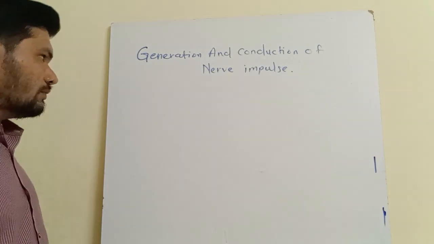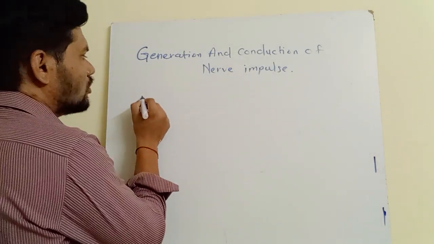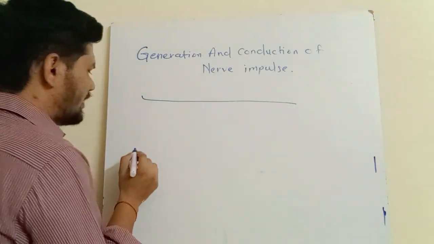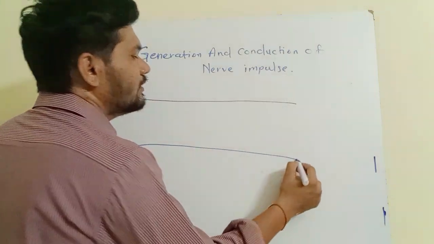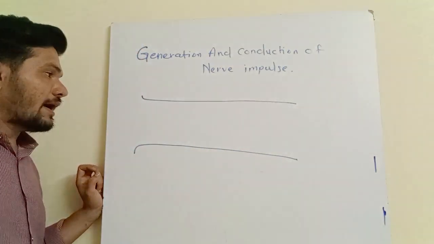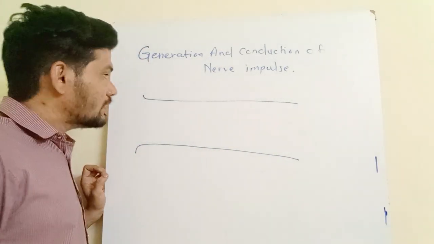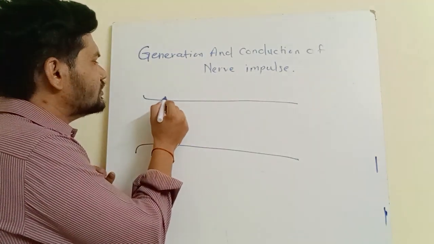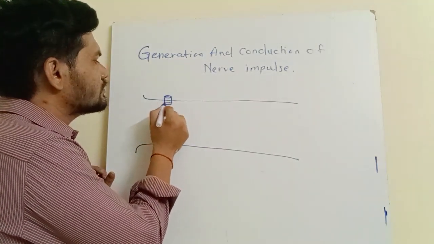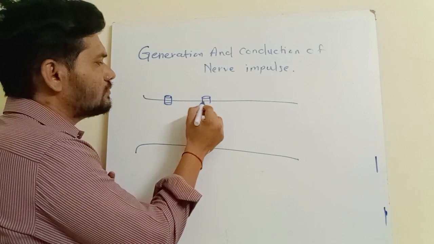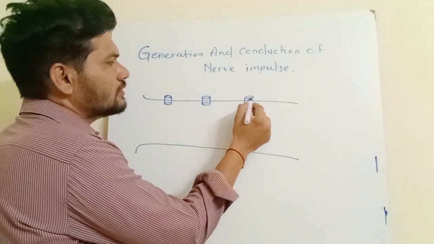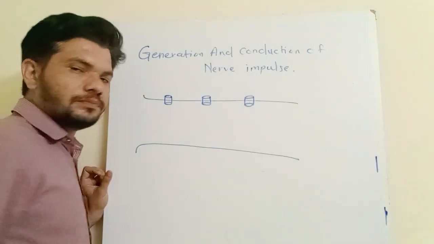So first of all, let me draw the axonal membrane here. Suppose this is the axon of the neuron. An axon of the neuron has some ion channels called sodium potassium pump.